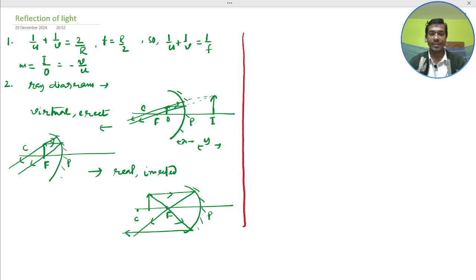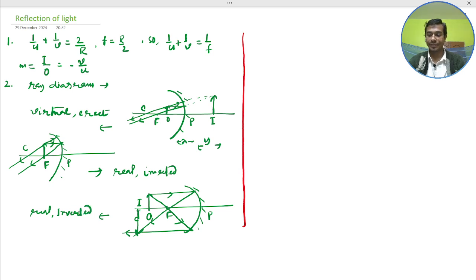Here F, this is P, and the image would be this one, this would be the object. The nature of the image is real and inverted.